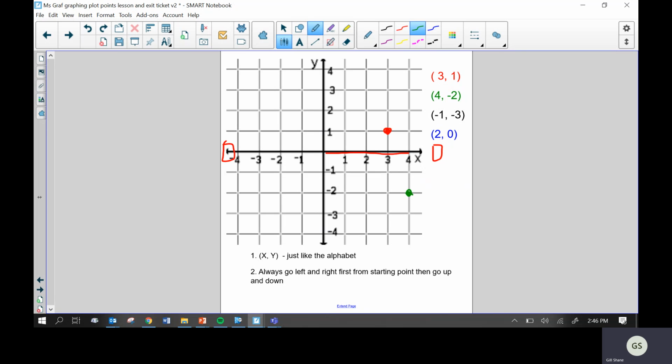So now I'll do the one in black, which is -1, -3. So now I still go left and right first. But since it's a -1, I need to go to the left first to -1. -1 right there. And then I go down to -3. So that would be that point.